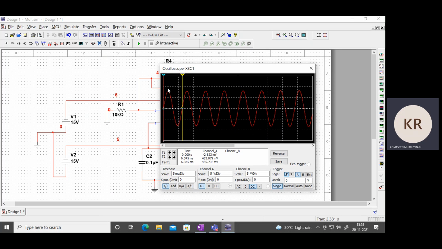Here T2 is at a higher position. T1 is here. The yellow bar indicates 2. The red bar indicates 1. Yellow bar is at a higher position. Red bar is at a lower position. Here T2 minus T1 value is 6.345 milliseconds.